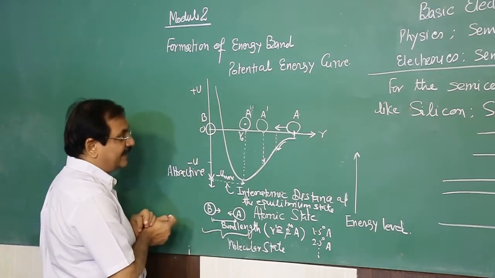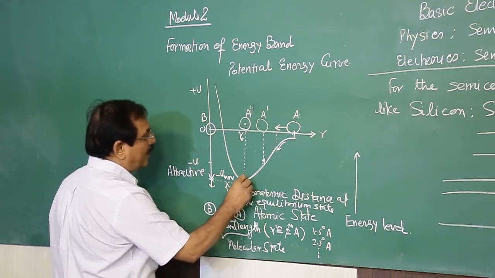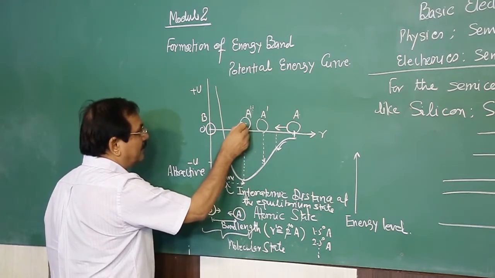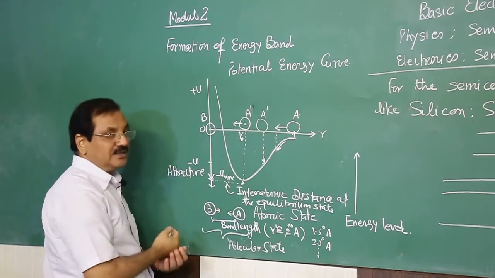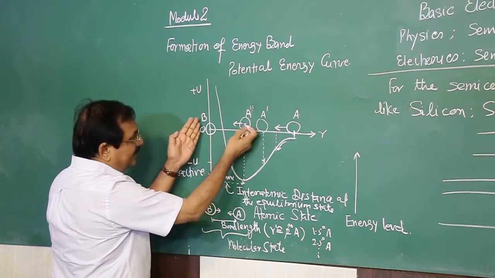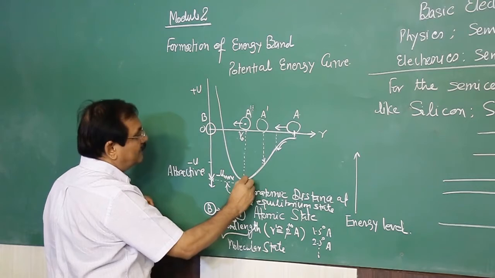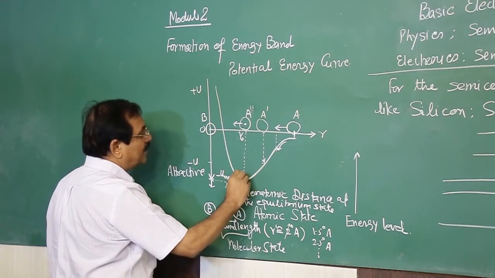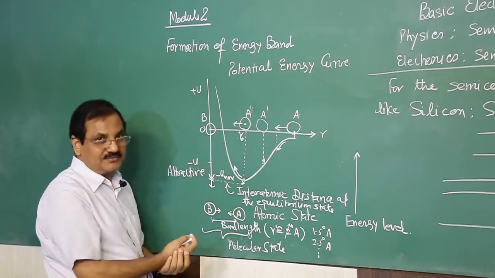Now, the interesting case is, from this point, if you come closer, if A is closer to B, then what will happen? The nature of the curve is in this way.